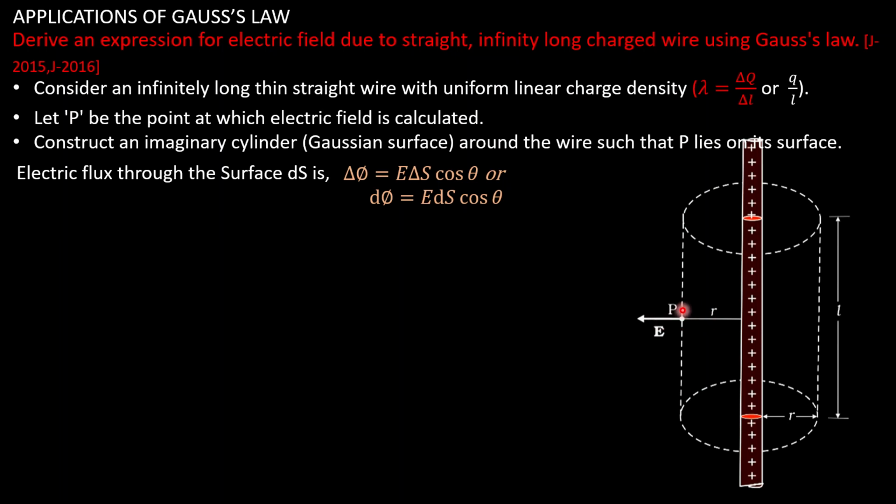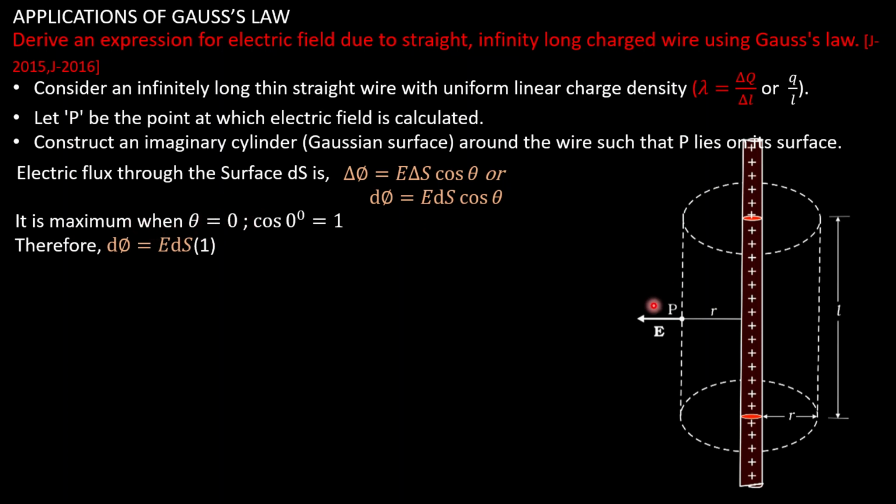Think about that. This is the surface and the area vector is in this direction. There is also an electric field line in this direction. So the angle between the area vector and the electric field direction is 0. There are two vectors here, so you can expect theta is 0.